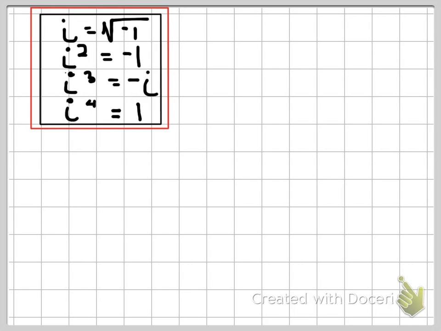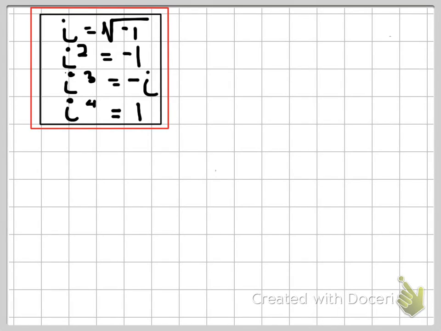We can continue with our pattern, and we've looked at i squared, i cubed, and i to the 4th. If we look at i to the 5th, i to the 5th can be expressed as i to the 4th times i, and we know that that is going to be 1 times i, and so we get i.